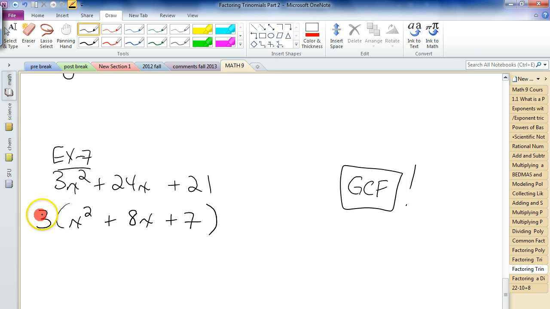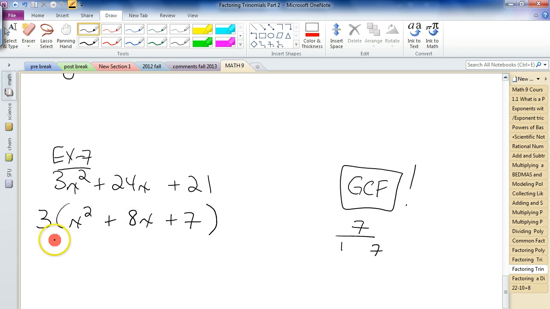So again, we're just going to ignore the 3 and the brackets. We'll handle them later. Let's just worry about what's inside the brackets. And remember, the imaginary 1 times 7, so 7's our factor. 1 times 7 is the only two factors of 7. So what numbers give us, well, obviously 8? 1 plus 7 will give us 8x.